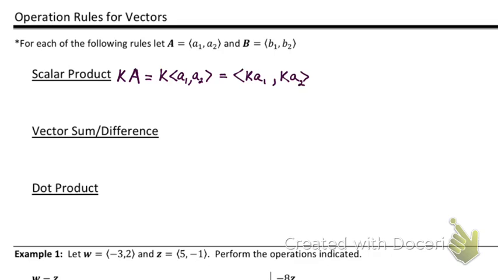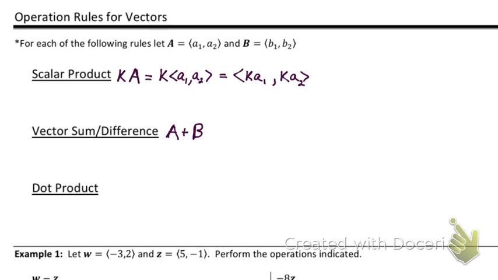Vector sum or difference, we already did it in picture form. That's when we did that tip to tail method on our graphs on our homework, if we did it, where we go to the end of one and we attach the other one onto it. That's addition or subtraction. How it looks without having to draw it is, let's say I'm trying to do vector A plus vector B, and for some reason I didn't want to have to draw it all out.